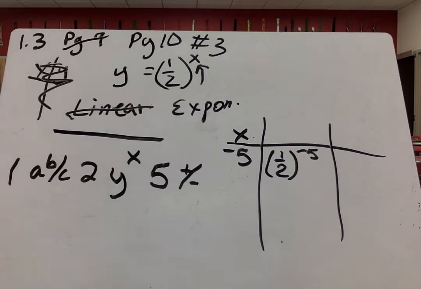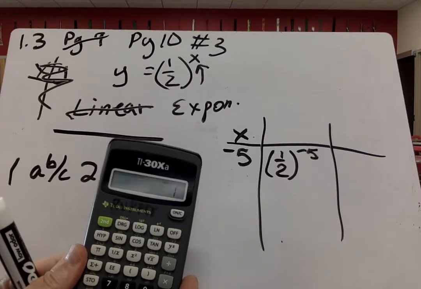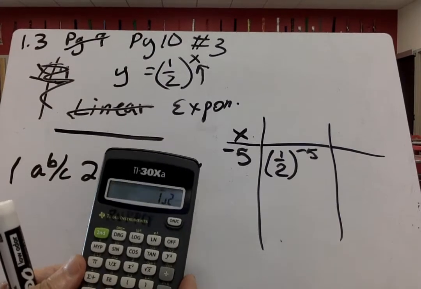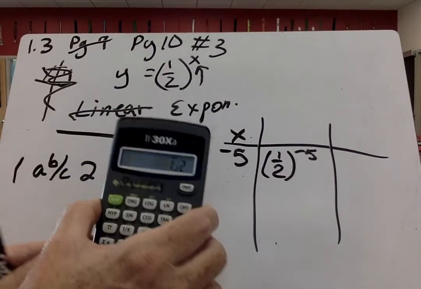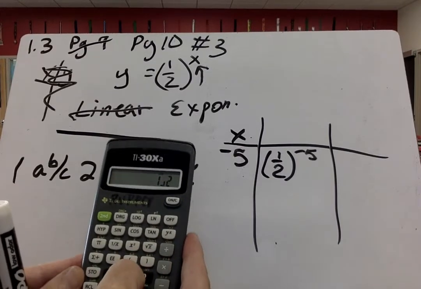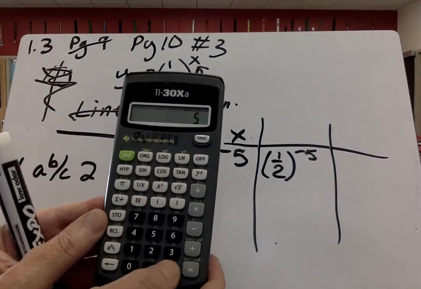And so if I grab my handy-dandy calculator and I go through those steps right here, I'm going to put 1, A B/C, 2, so that will show 1/2. Then I raise it to the power, y to the x right there, 5, and then see the bottom right here where I have a plus/minus.